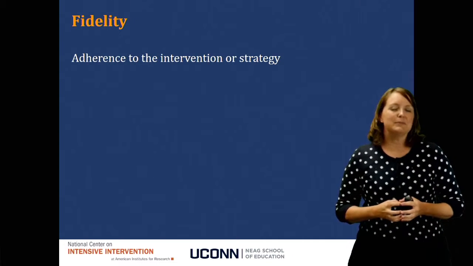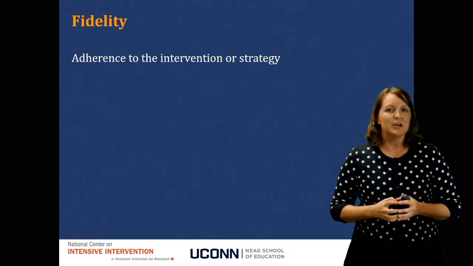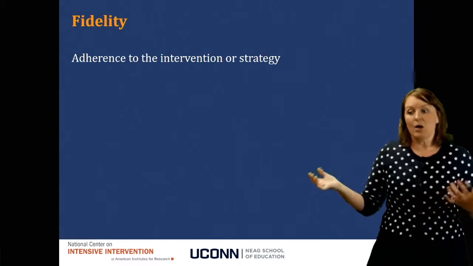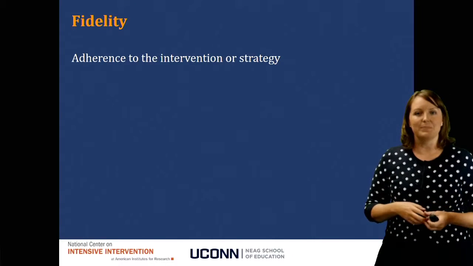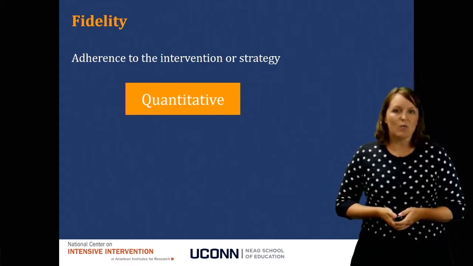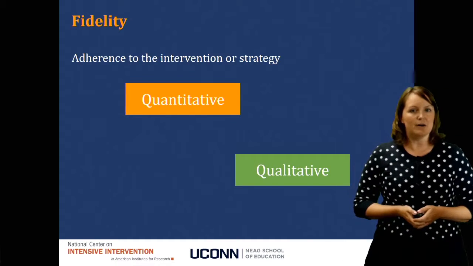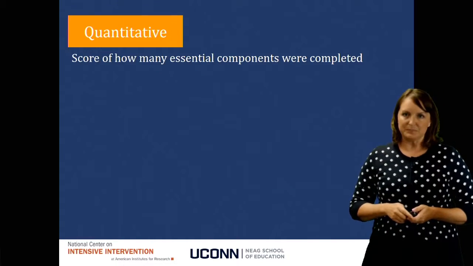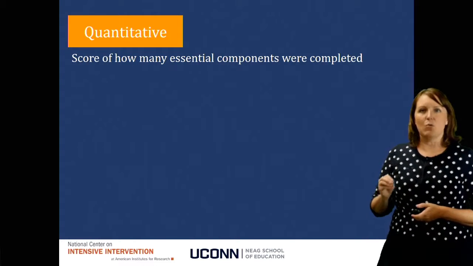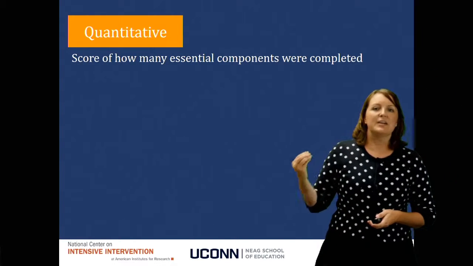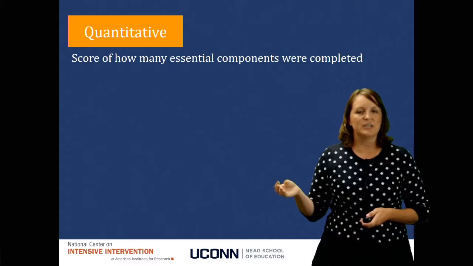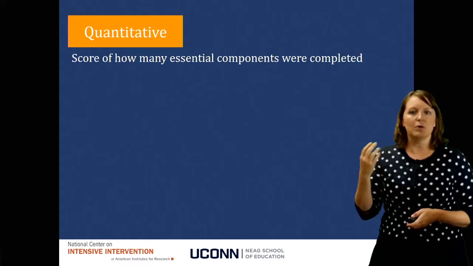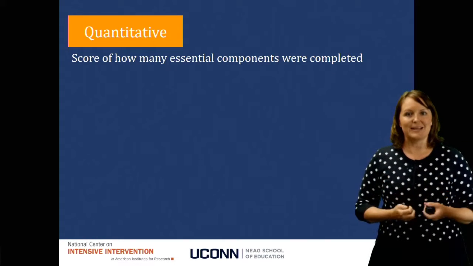So we have to be able to measure fidelity in order to understand how well those 7 different teachers are implementing the program. And we can measure fidelity quantitatively or qualitatively. So let's talk about each of these on the next few slides. To measure fidelity quantitatively, we often give a score to the teacher to see how many essential components were completed or were included in the teaching.